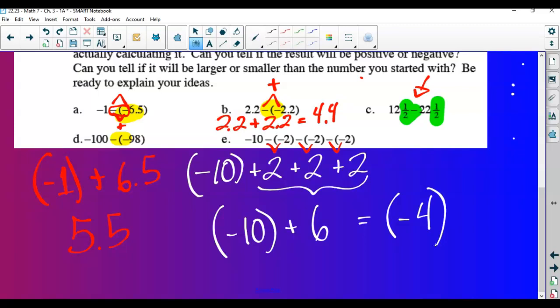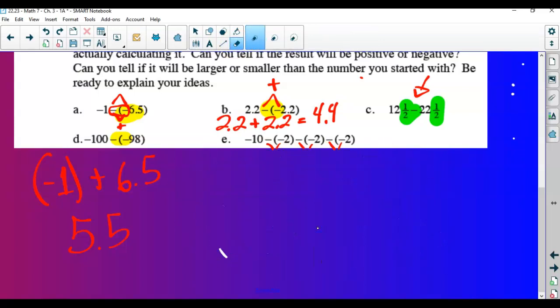So we could use multiplication here. But then you would have to do more. No, I argue you don't have to do more. Let's try this way. Negative 10 minus, how many times do we do that minus? 3.